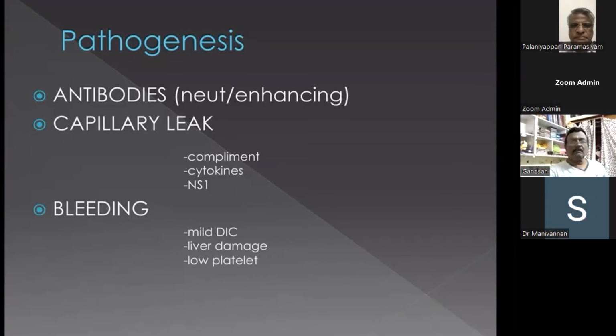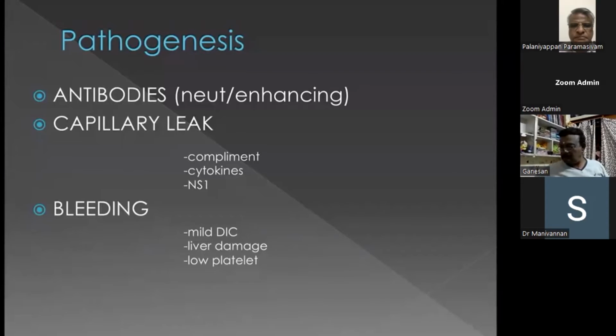So the activated complement, the released cytokines, and the viral protein called NS1, non-structural protein 1, these 3 factors act together. They interact with the endothelium of the capillary and platelets, and they interact with the clotting factors.